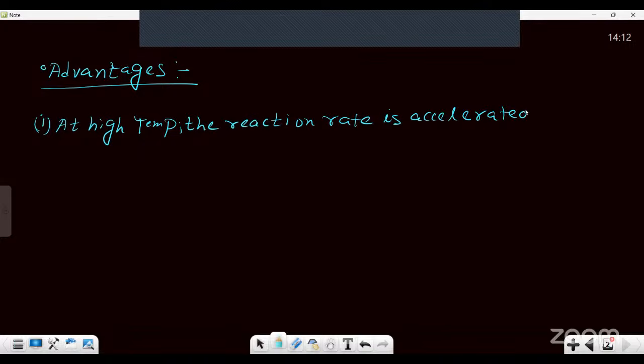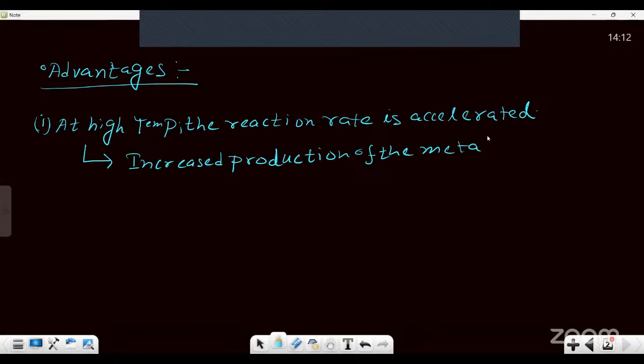That means the reaction rate becomes more at high temperature. So a rapid reaction rate in turn gives me increased production of the metal. This increases the production rate of the metal. So this is my first benefit of giving high temperature.